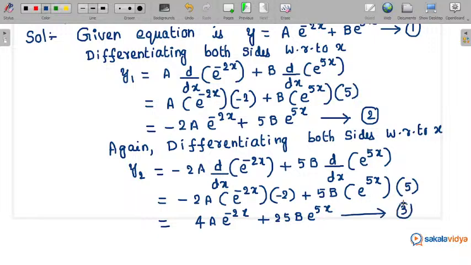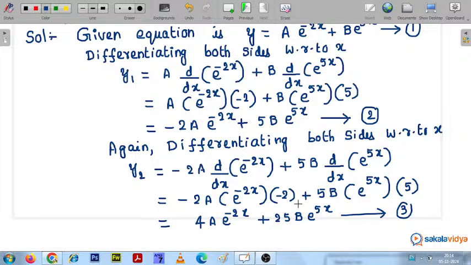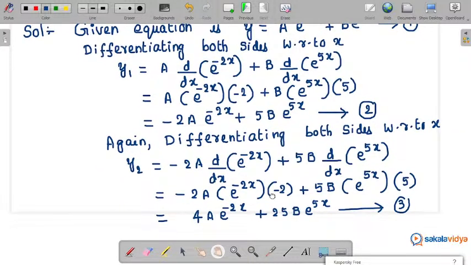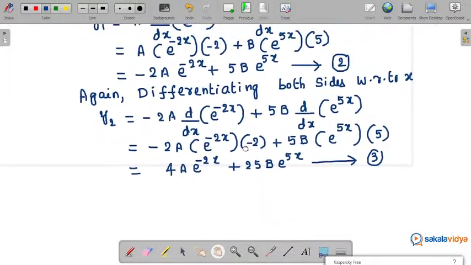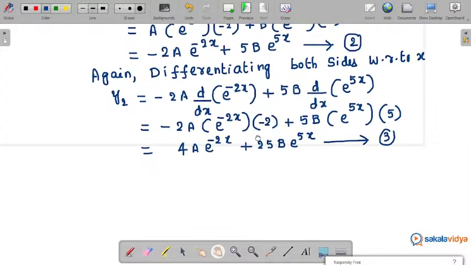First we need to rewrite equation 1, equation 2 and equation 3 before eliminating a, b. That means before we use the determinant form. Right, let us do it now. This is equation 2, this is equation 3.